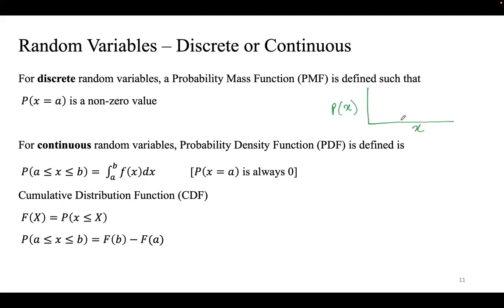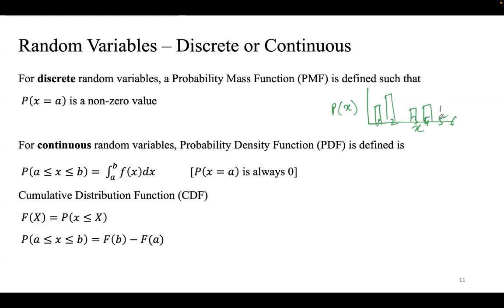So for a dice, for example, a single roll of a dice, you have 1, 2, 3, 4, 5, 6. And let's say it is a biased dice. What it means is maybe one of the sides is heavier, so some numbers are going to come more frequently. So you can have something like this, right?